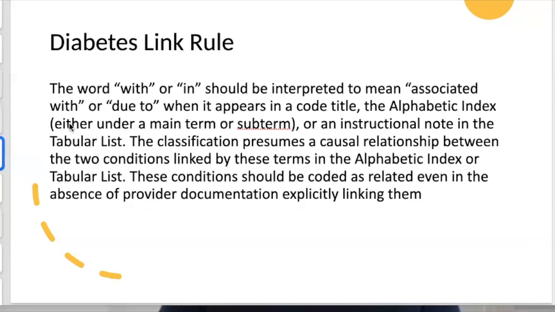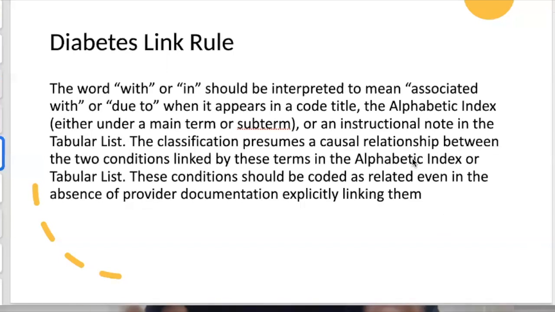The classification presumes a causal relationship between the two conditions linked by these terms in the alphabetic index or tabular list. These conditions should be coded as related even in the absence of provider documentation explicitly linking them.